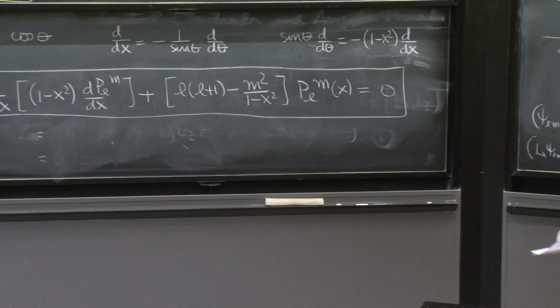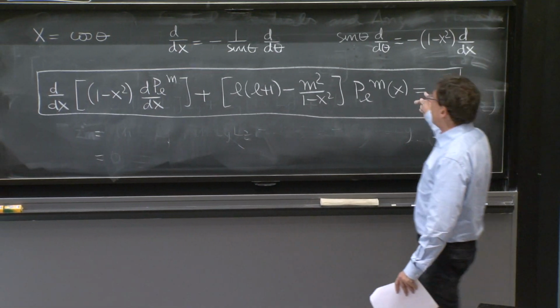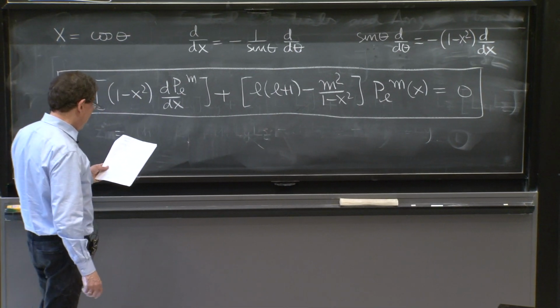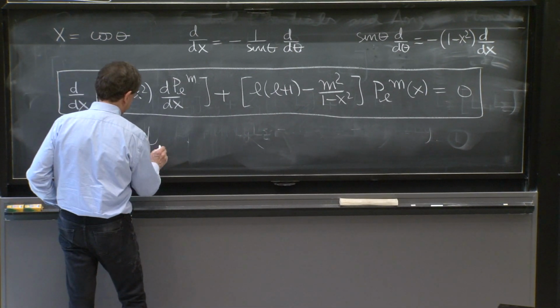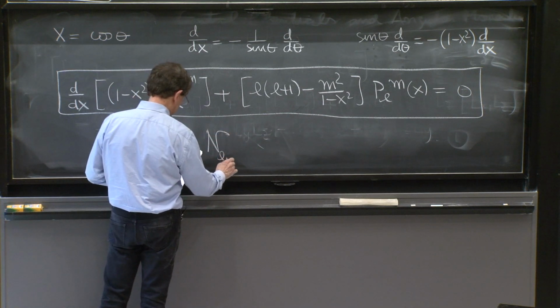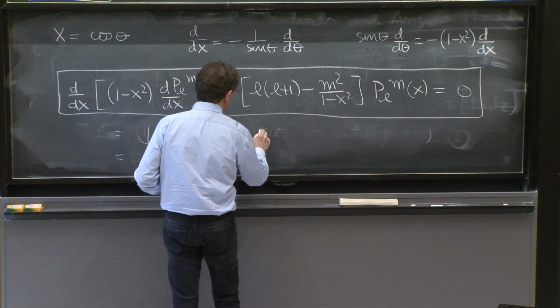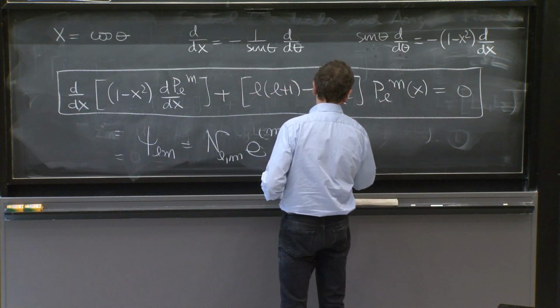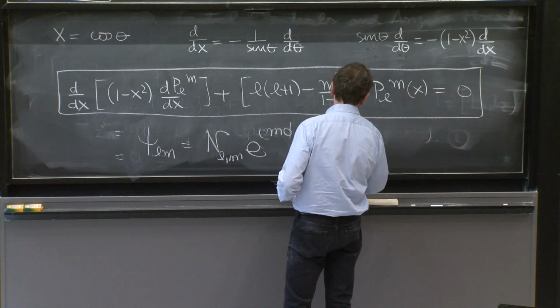So this is our equation. And so far, our solutions psi_LM are going to be some coefficients N_LM, e to the i m phi, P_L^m of cosine theta.